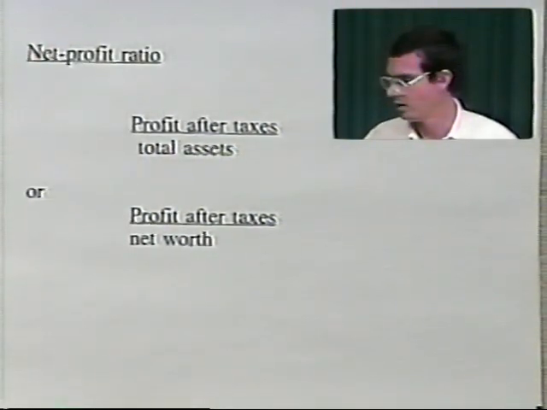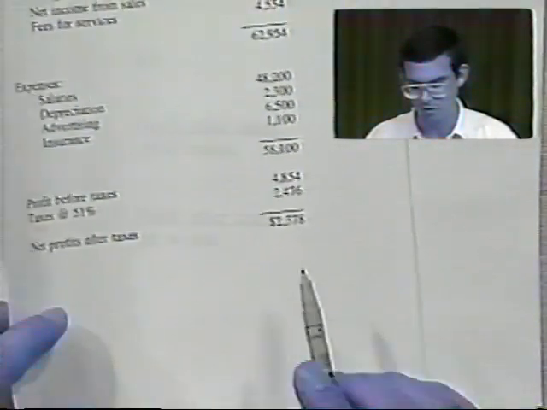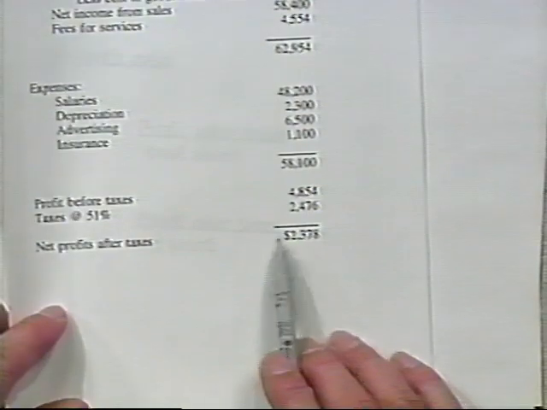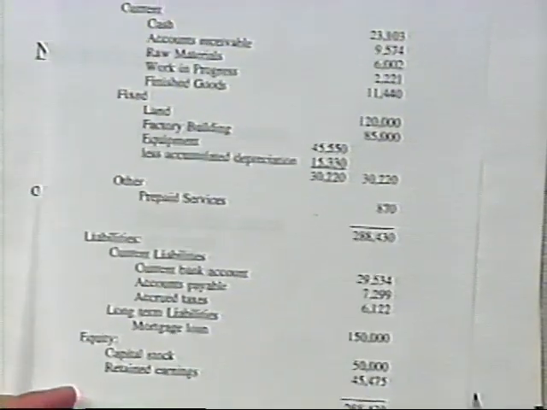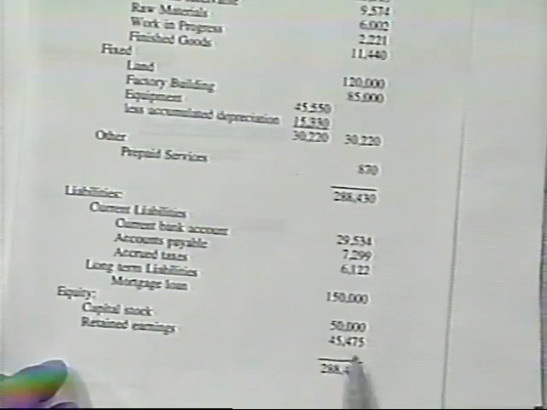So to get these figures, it's fairly straightforward. For profit after taxes, we look at the income statement, and we have the $2,000 figure. For our total assets, we have that $288,000. Our net worth is the same as equity. It's the $95,000 sum of the two equity components.